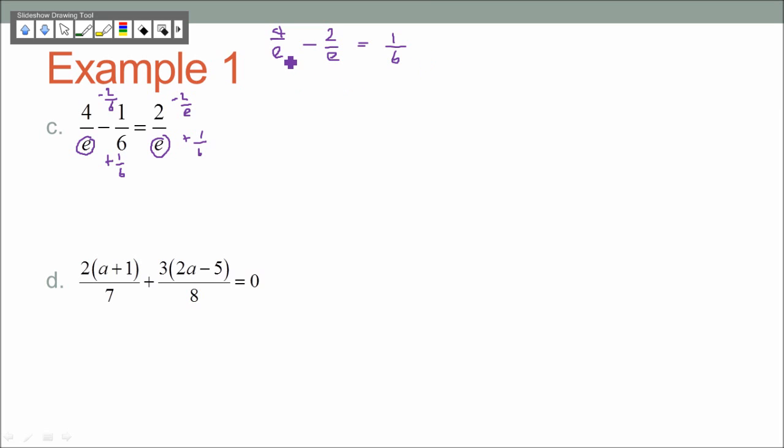Luckily for us, the denominator is already the same, e and e. So it's just a simple case of subtracting 4 and 2. So 4 minus 2 gives us a new fraction of 2 over e. And that equals 1 over 6.